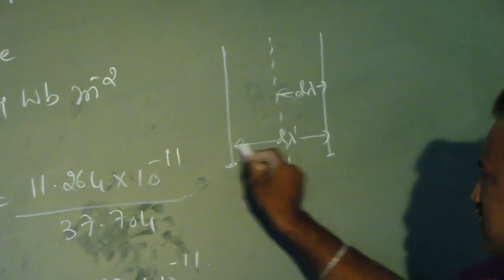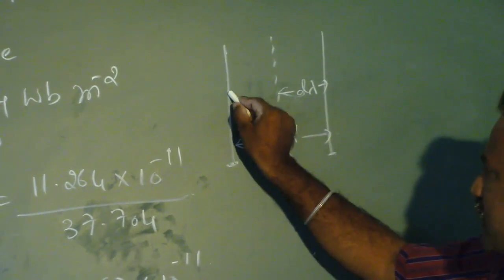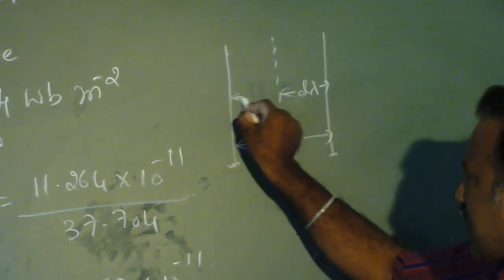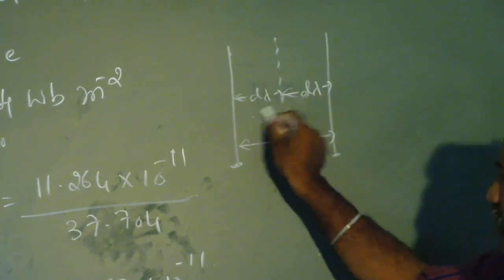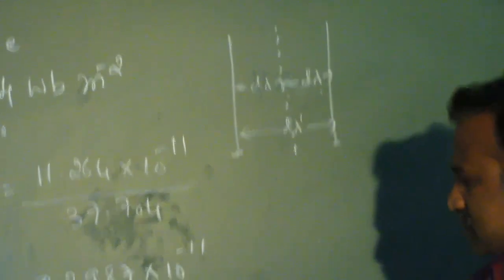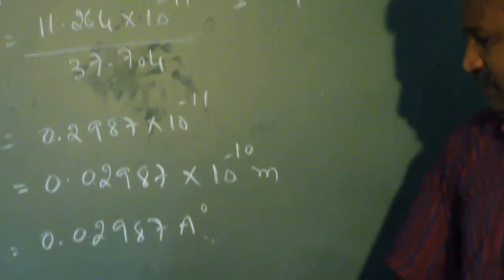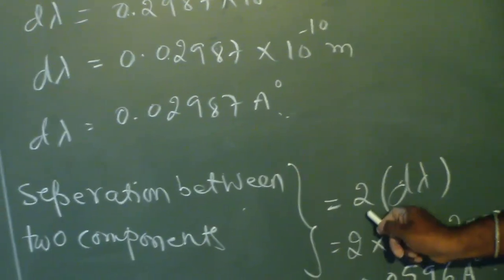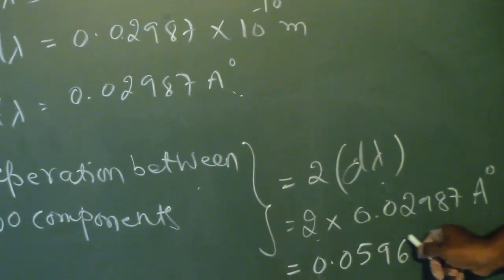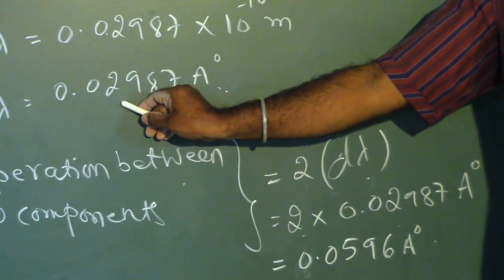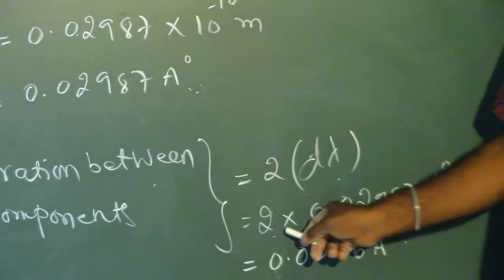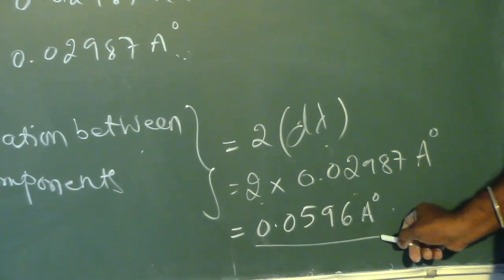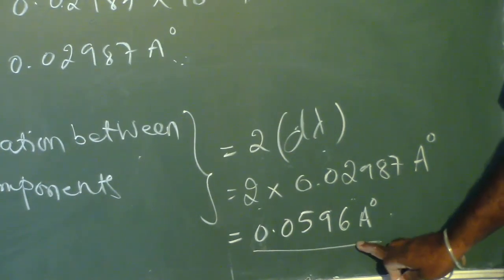How to get it? We just have to add d lambda again, or multiply by a factor of 2. Therefore, the separation between the components will be 2 into d lambda. So 2 into 0.02987 Angstrom, and if you multiply this, the final answer will be 0.0596 Angstrom.